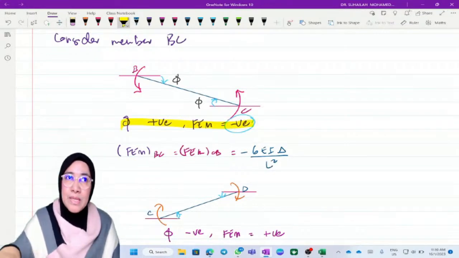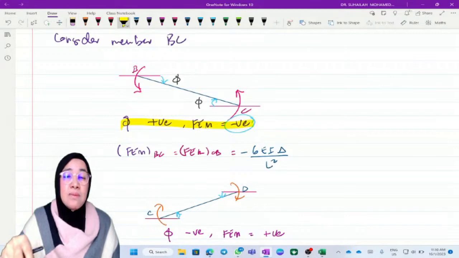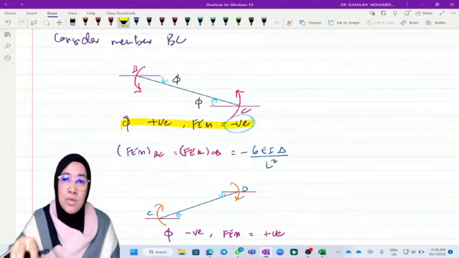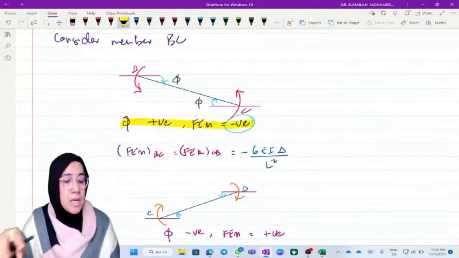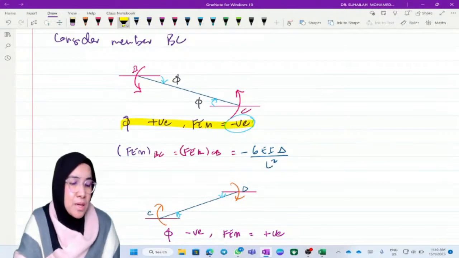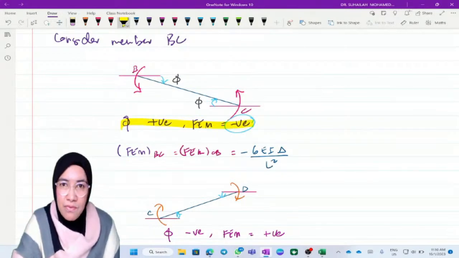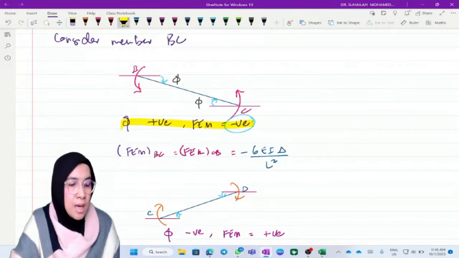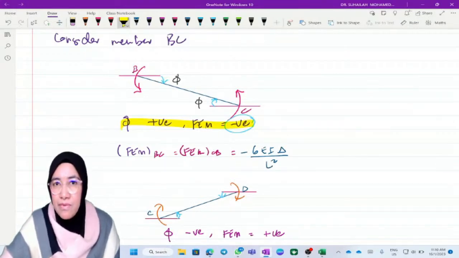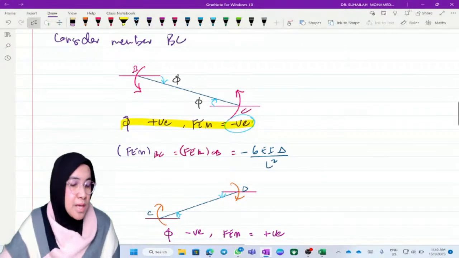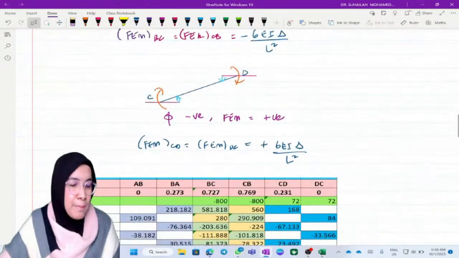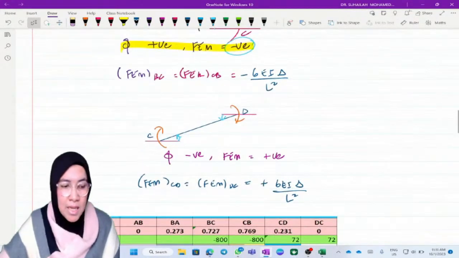Do not compare with frame analysis, because side sway has different behavior. For FEM, we should put negative in the formula, because we should get the negative behavior. The same goes for member CD.